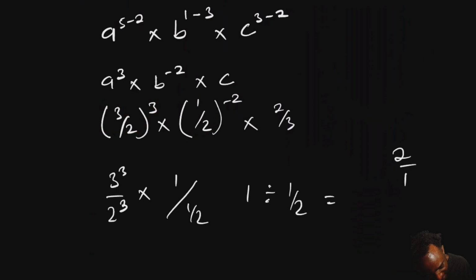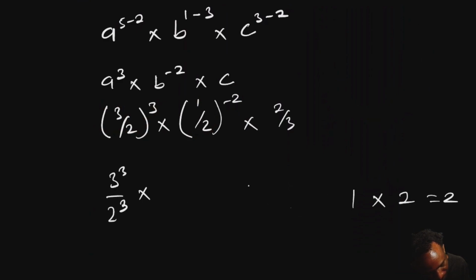We can also rewrite this as 1 multiplied by the reciprocal, 1 times 2, and this is equal to 2. So it's just the same thing: you reciprocate, or you divide 1 by 1 over 2. So we're just going to clean this up, and then we saw what happened.